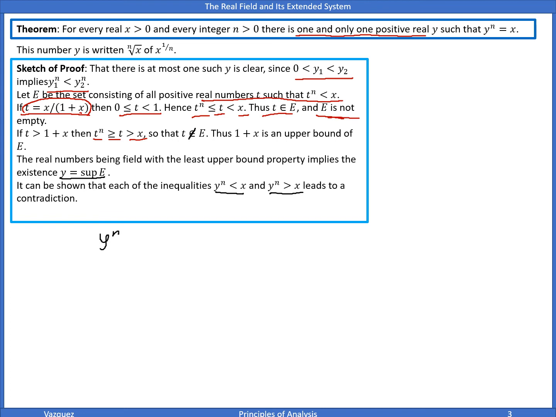So y to the n must equal x, which is a supremum of E. I forgot the little exponents of n right now. But we can show that these lead to a contradiction, and therefore y to the n must equal x.